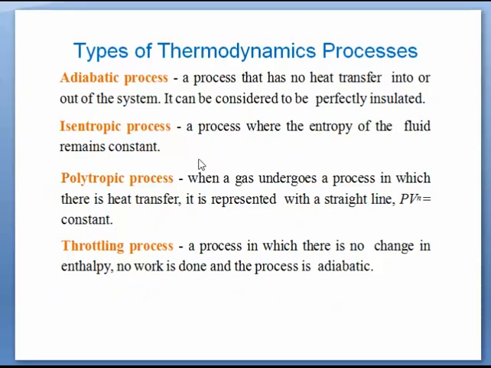A polytropic process is one which obeys the law PV to the power n equal to constant, and in this process heat transfer is allowed. A throttling process is a process in which there is no change in enthalpy from state 1 to 2 and no work is done.